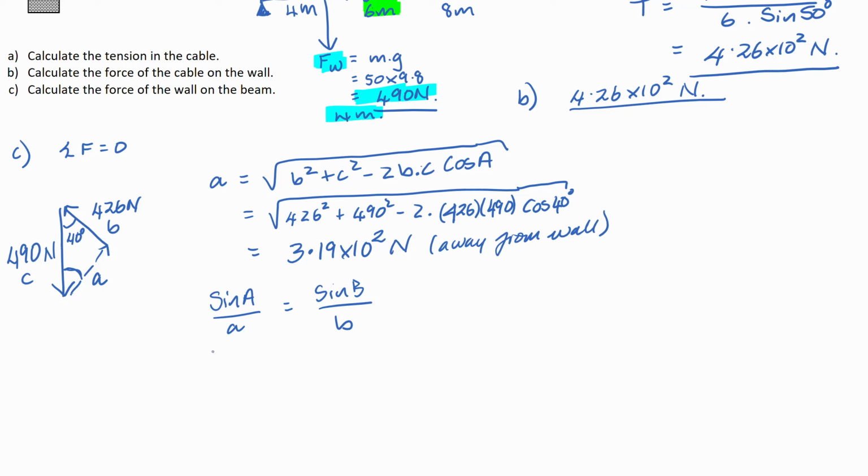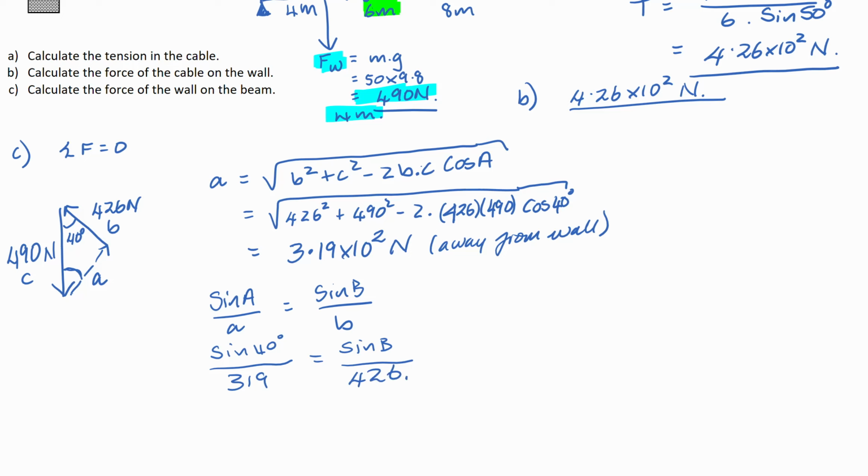Okay, so we then have the sine of A, which is the sine of 40 over A, which we just found out to be 319, which is equal to sine of B, which is what we're trying to find, over 426.